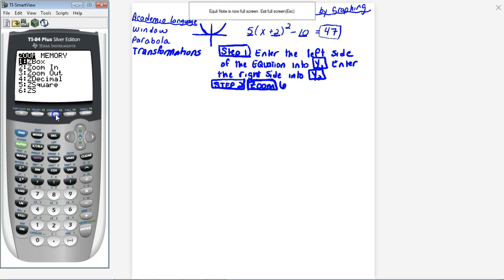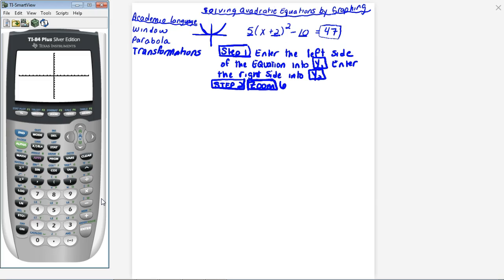If I do zoom 6, I'm not seeing anything, right? So that's just our starting window. Our domain is from -10 to +10, and our range is from -10 to +10. But it looks like especially that 47 means I have to go up to at least 47 on the y. Okay, so let's go up to +50 on the y. And my x should be fine.